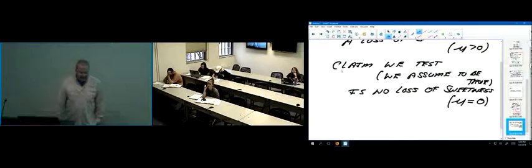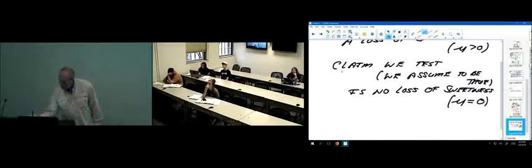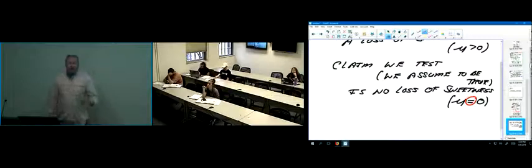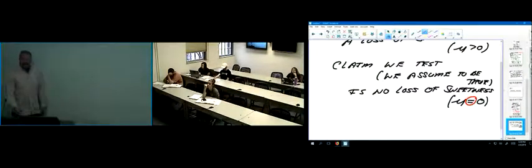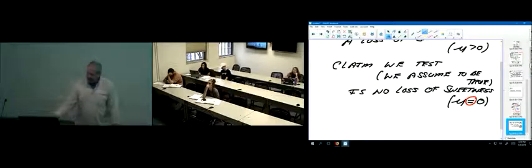Now, my statistician friends hate me for this next little thing I'm going to circle. The reason I have to work at this backwards is because of that equal sign right there. The claim that we're going to test, that we assume to be true, is no loss of sweetness. The cola tasted exactly the same before as it did after, right? After as it did before. Okay?